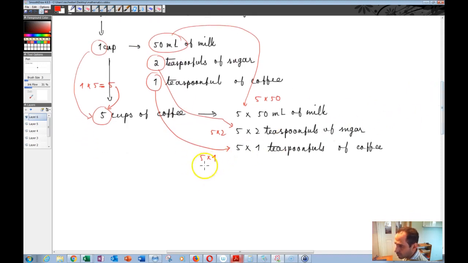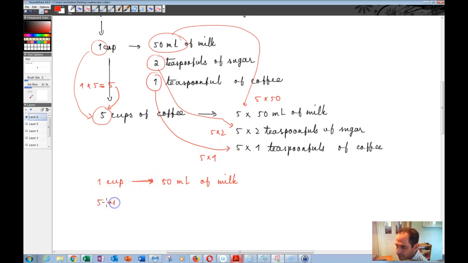Let's make this a little simpler so that we can understand better. For 1 cup of coffee you need 50 ml of milk. Now forget about the rest of the ingredients, that's not important right now.